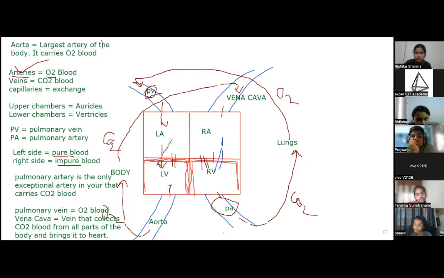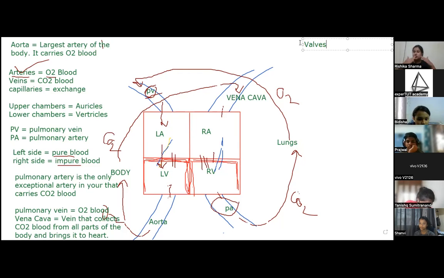I will just write the spelling of valve so that you get the pronunciation. Valves. I'm not saying wall, W-A-L-L. Not that. It is valves. So these valves are basically door-like structures. They open in one direction and then they shut automatically. They open and then they shut.